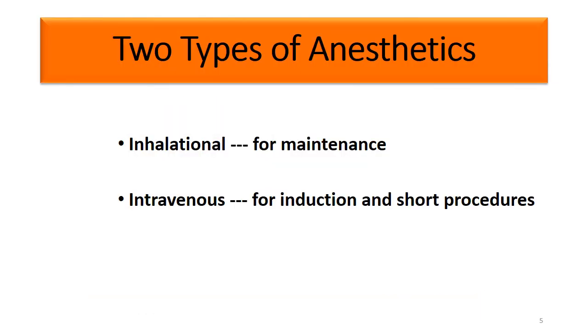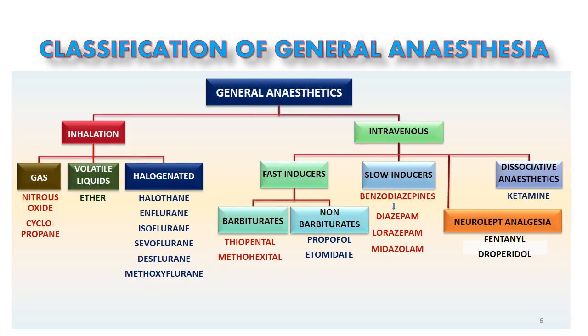There are two types of anesthetic agent. One is inhalational, which is mainly used for maintenance, and another one is intravenous, used for induction and short procedures. Now coming to the classification of general anesthesia, which I have discussed in an earlier lecture, it has been classified into two wide groups: inhalational and intravenous anesthetic agents.